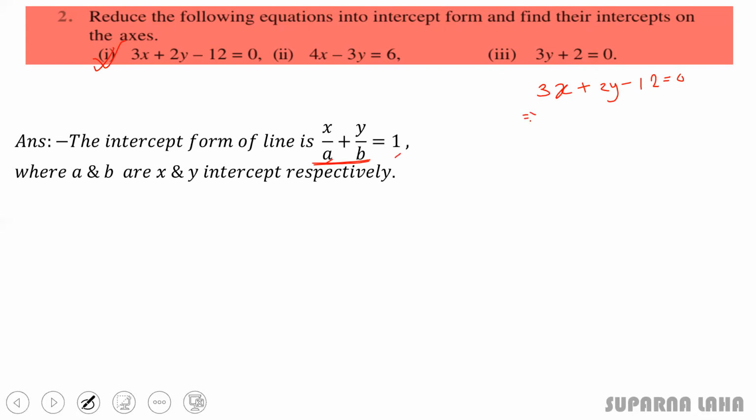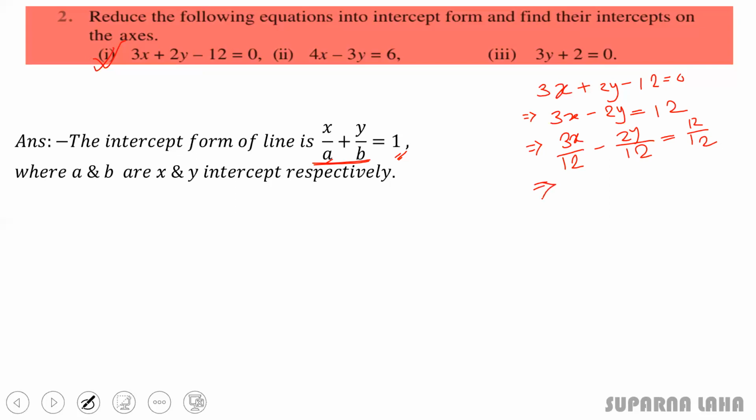Take x and y terms to the left-hand side and the constant term to the right-hand side. So 3x plus 2y equals 12. Now the right side should be 1, so divide the equation by 12. So 3x by 12 plus 2y by 12 equals 12 upon 12.